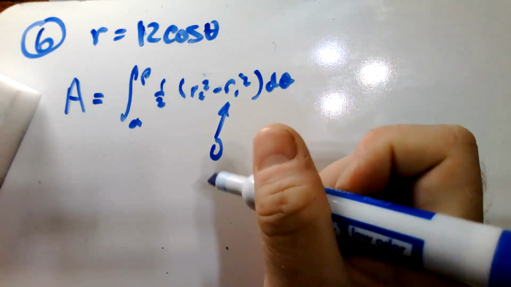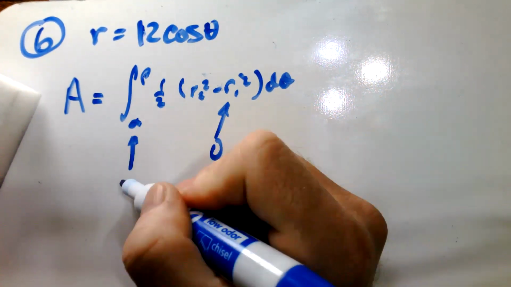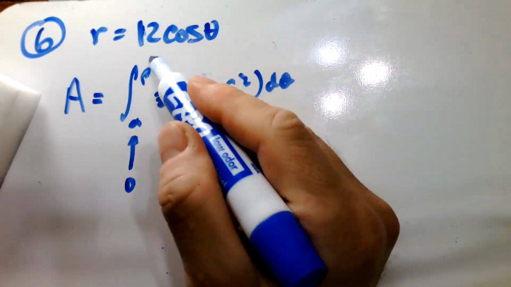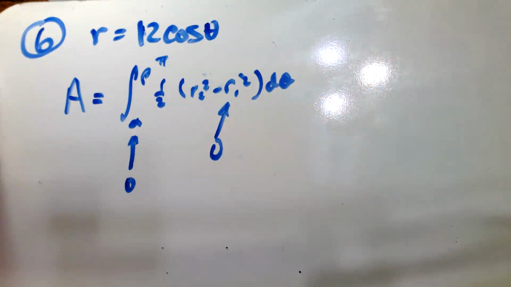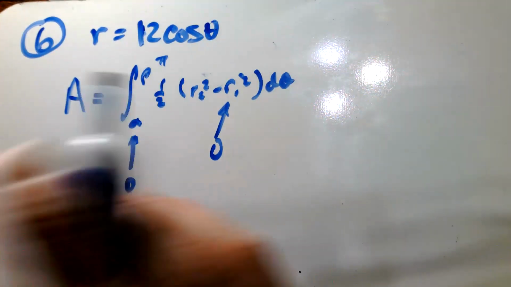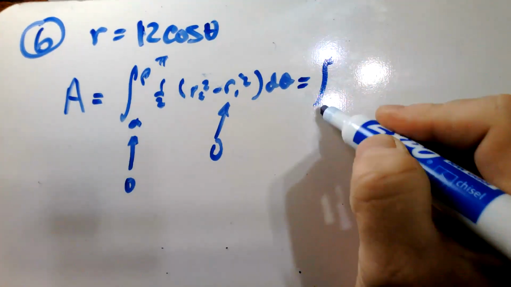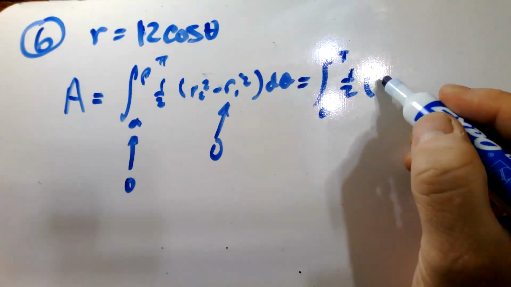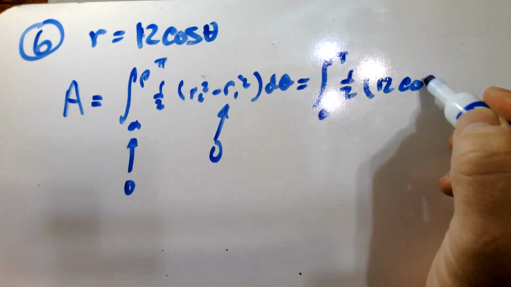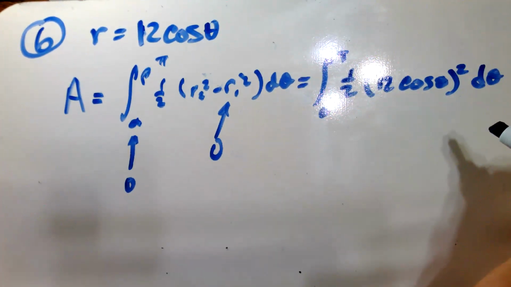This is going to be 0 for us. If you remember from the first example, this is going to go from 0 to pi and not 2 pi for the complete circle for the graph. That's what we saw in that first example in the graphing it by hand. And so this simplifies the formula quite a bit, that this is going to be then the integral from 0 to pi 1/2 of R12 cosine theta squared d theta.